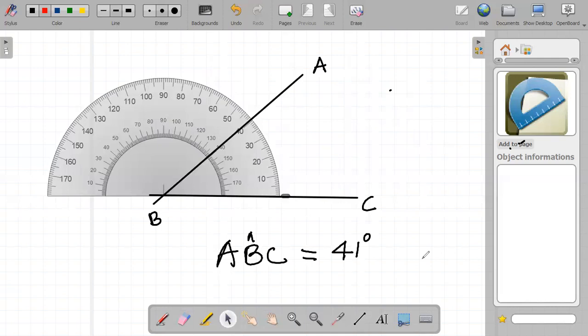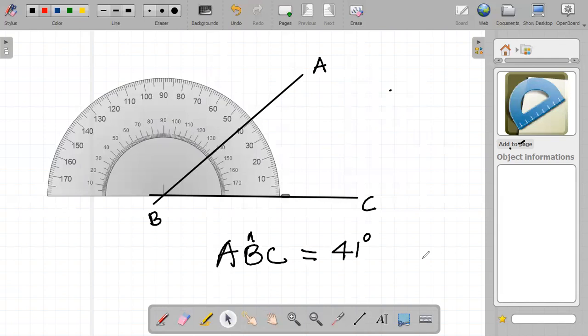You please take your protector and place the center point on the vertex, and then the 0 of the protector on one arm of your angle. From that 0, what did you select, outer scale or inner scale? Inner scale.